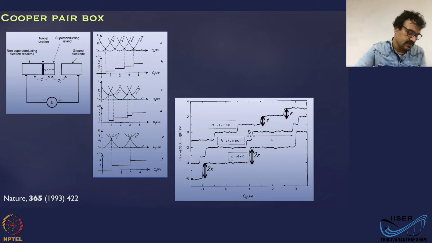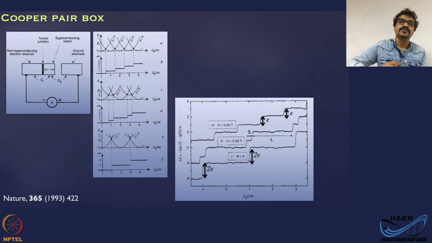That is equivalent to this: you have a series of parabolas, and these are charge degeneracy points. In the normal state that holds, but when you have a superconducting state, these alternate parabolas, which correspond to an odd number of electrons, will have higher energy because those are not accessible.